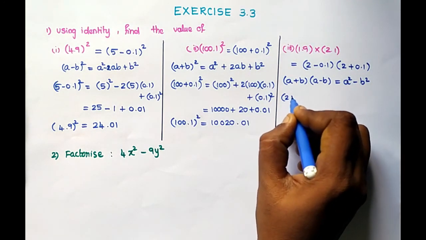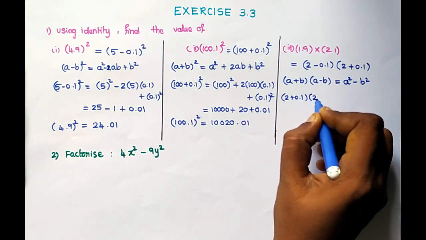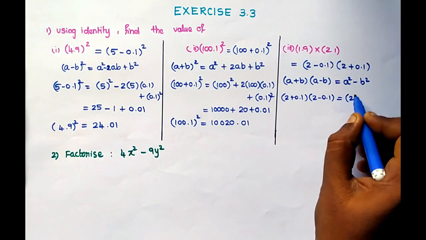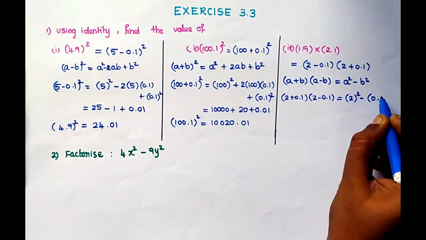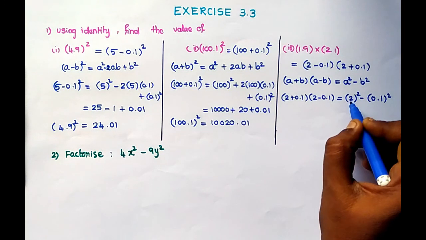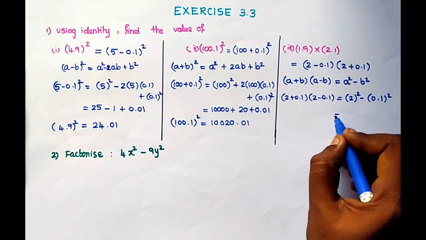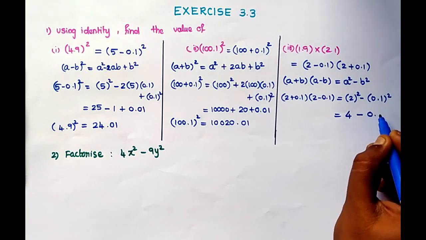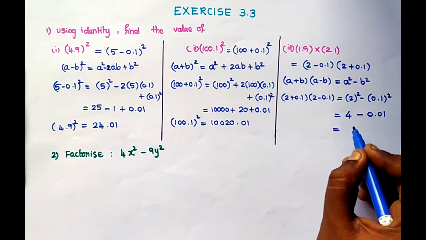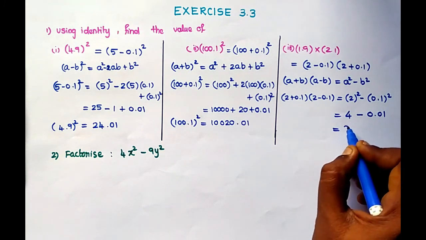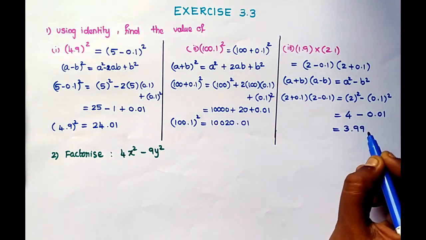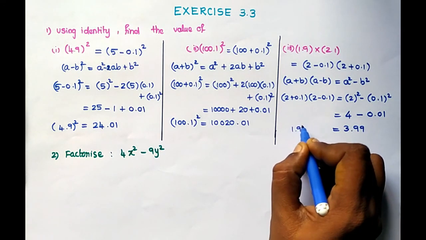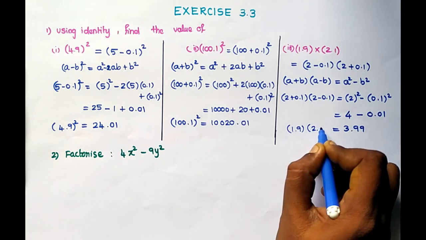So 2 plus 0.1 into 2 minus 0.1 equals 2 squared minus 0.1 squared. 2 squared is 4, minus 0.1 whole square means 0.01. So 4 minus 0.01 is 3.99. That is the answer for 1.9 into 2.1.